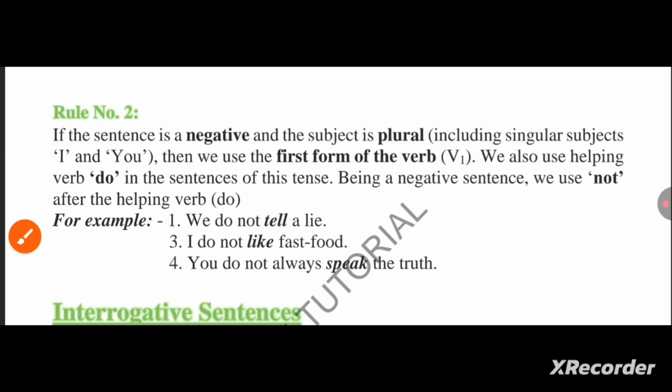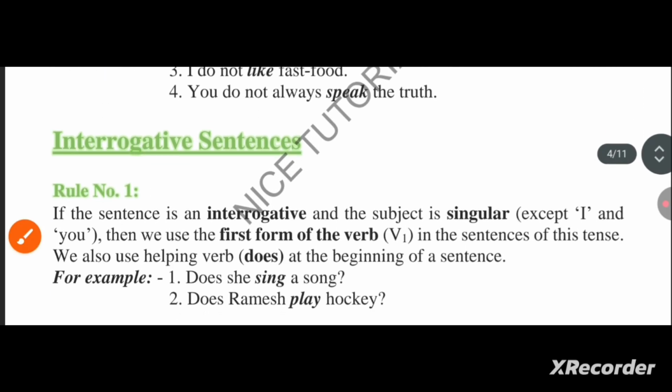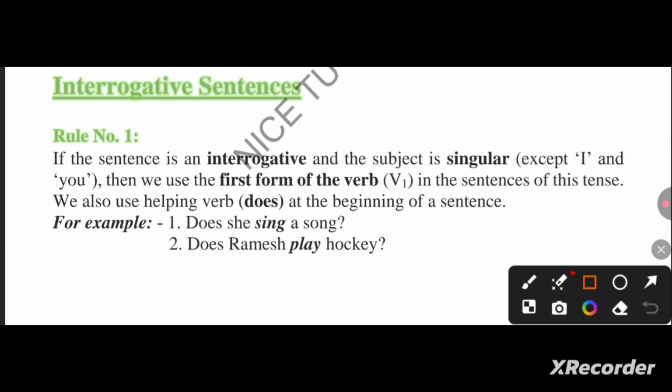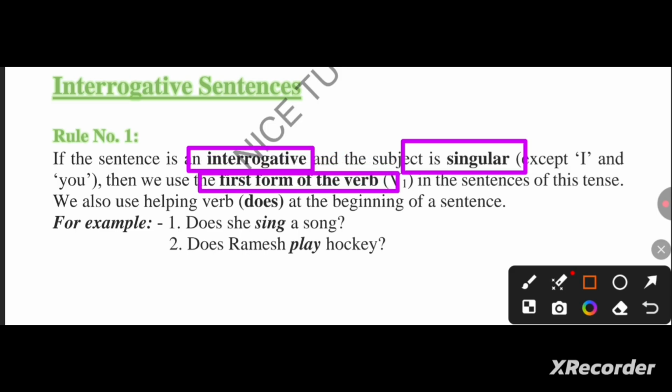Now we should notice if the sentence is an interrogative one. In an interrogative sentence, if the subject is singular, then again we use the first form of the verb and we use the helping verb does.